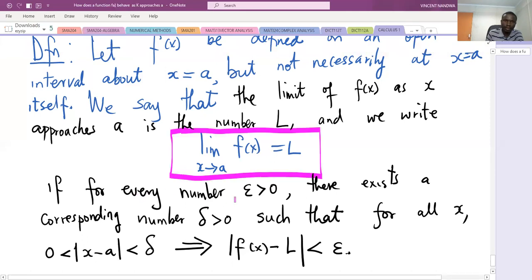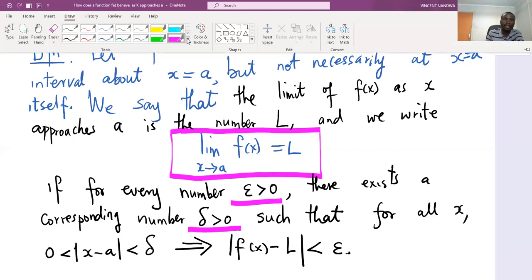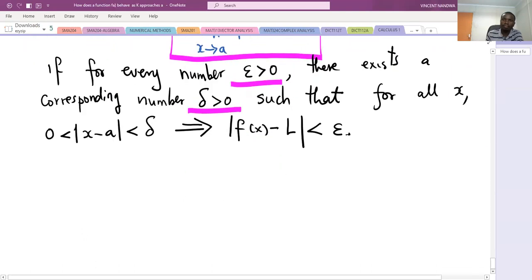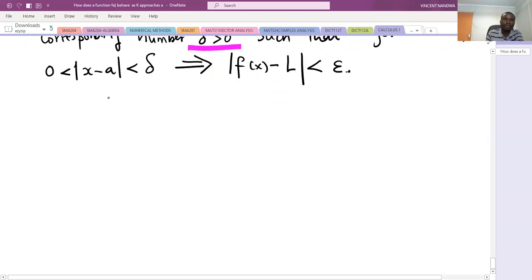The key thing here is this number is positive. There exists a corresponding delta, which is also positive, such that for all values of x, the absolute value of x minus a lies between 0 and delta, and that implies that the absolute value of the function f of x minus this value L we are claiming is the limit is less than epsilon. This is what you are trying to say.